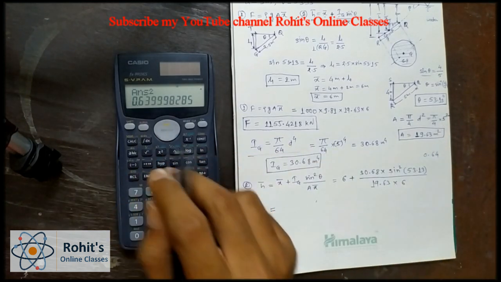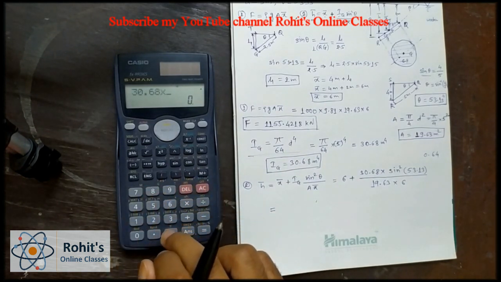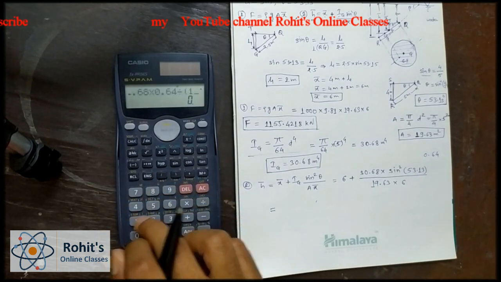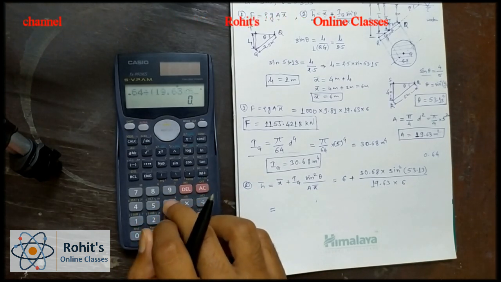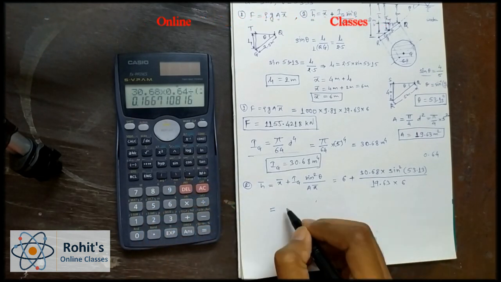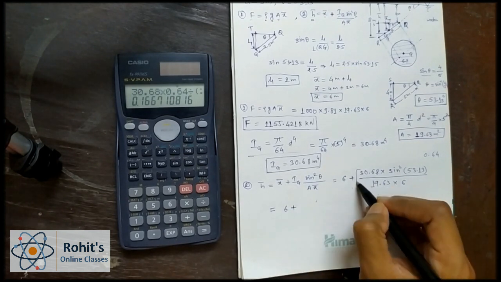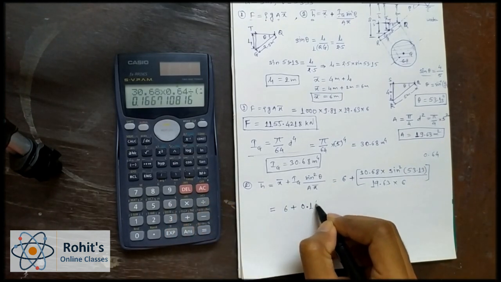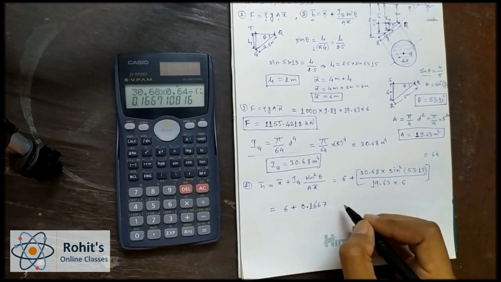So it is 30.68 multiplied by 0.64 divided by 19.63 multiplied by 6. So this much is the value of the complete ratio, the bracketed term, which is 0.1667.